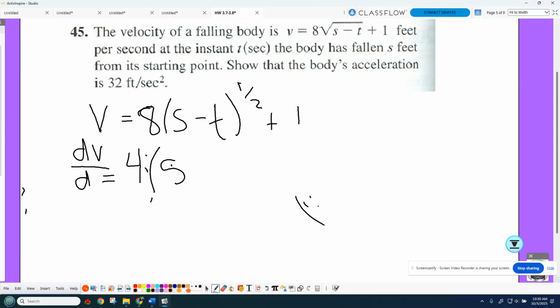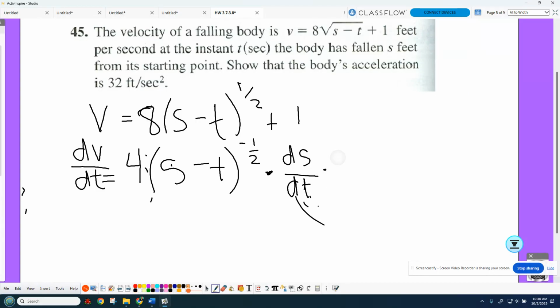So d what? Sorry, dt. Okay, so we're doing the derivative of all of these variables with respect to time. So she multiplied by the power, so 8 times a half is 4. Her sleeve and her book keep hitting the board, so she's not being messy, it's the board being sensitive.